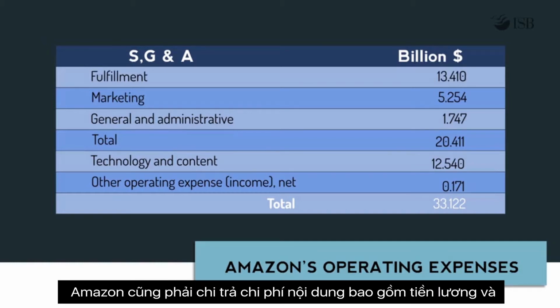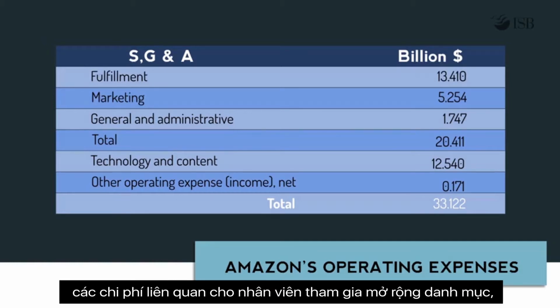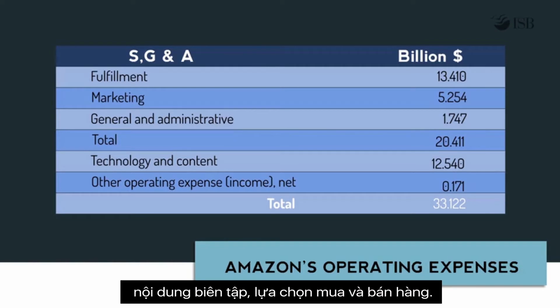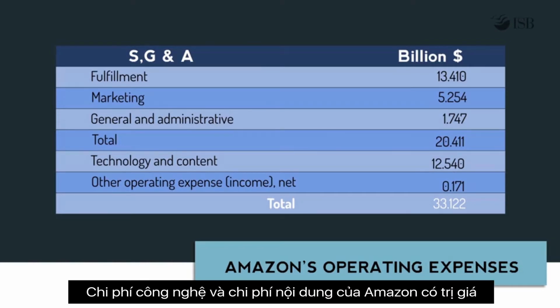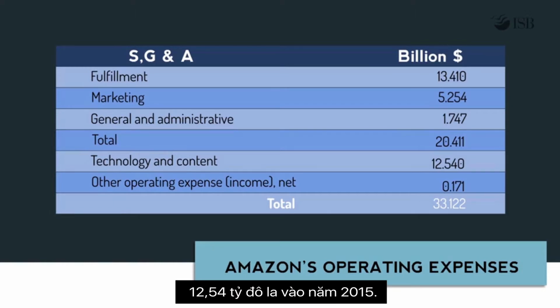Amazon also incurred content costs, which include payroll and related expenses for employees involved in category expansion, editorial content, buying, and merchandising selection. These technology and content costs total $12.54 billion for Amazon in 2015.